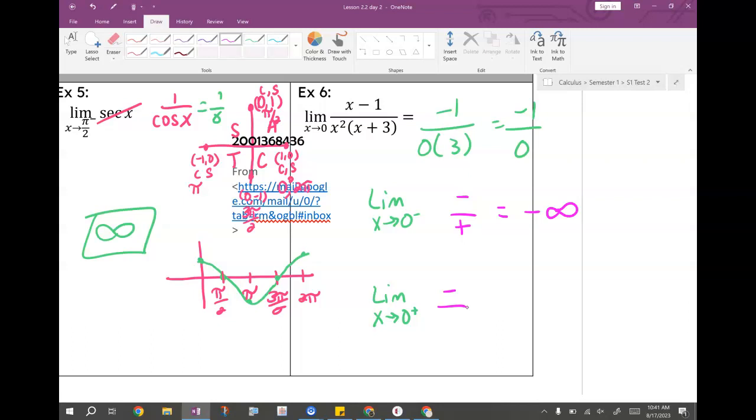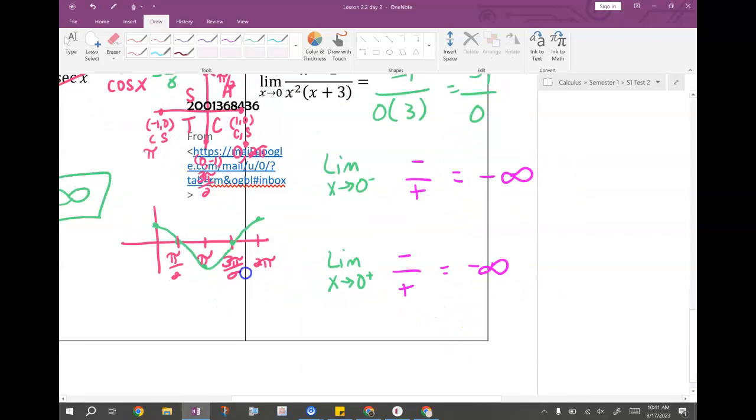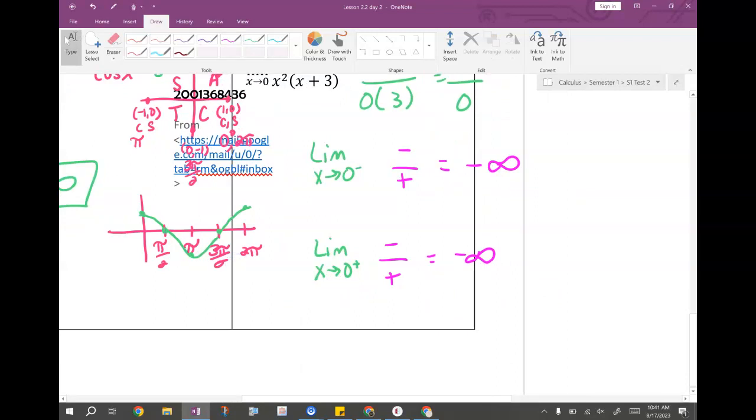Okay? Because we want to get really, really close to that value of 0. All right, what about here? If I plug in a positive 0.01, it's going to be a positive. Here, if I plug in a positive 0.01, also positive. So negative infinity again. So that's our limit. Do we have a limit? Yes, we do, because they are the same, and it is at negative infinity. Hoorah. Okay? We're done.